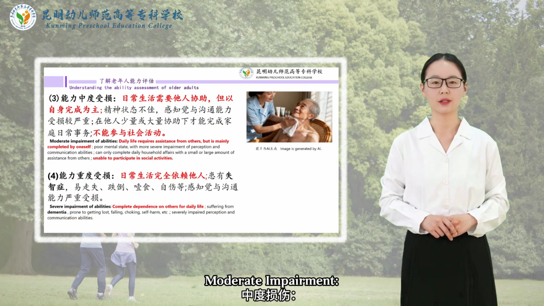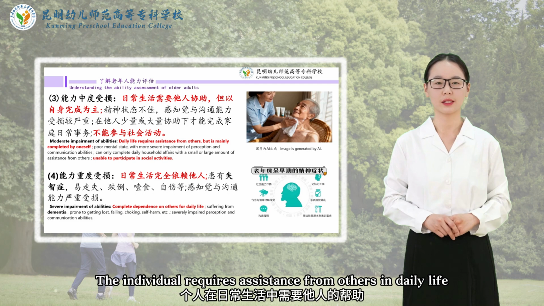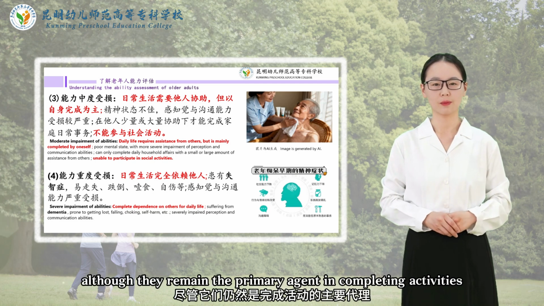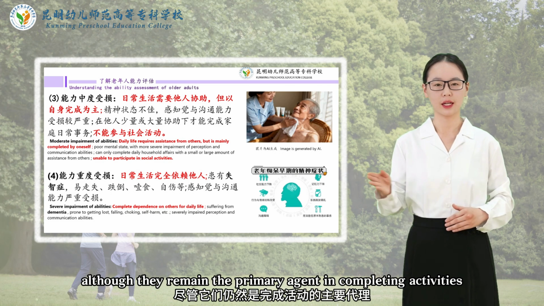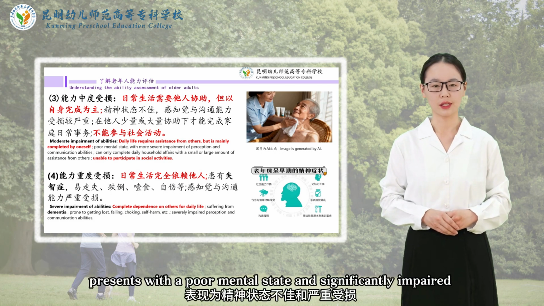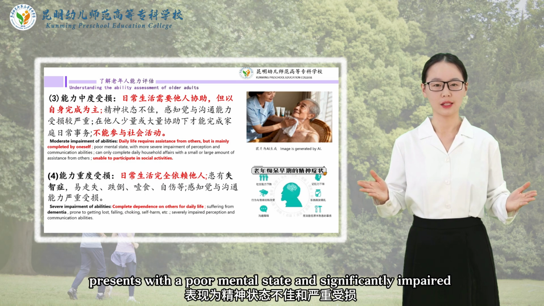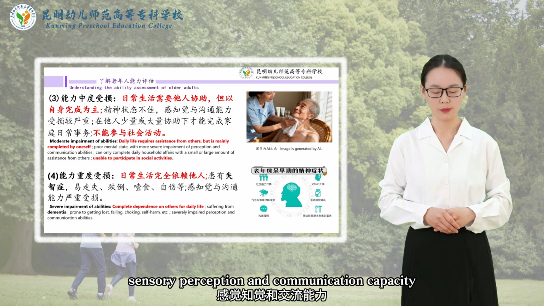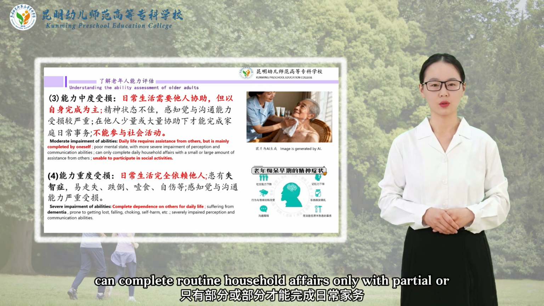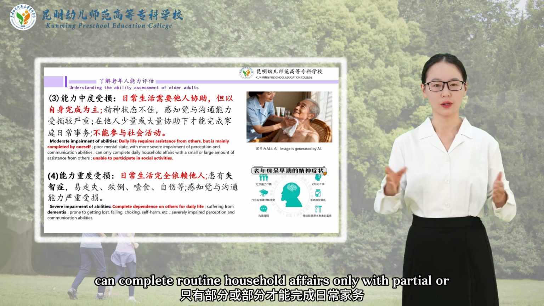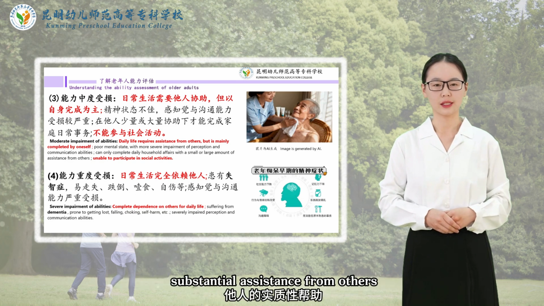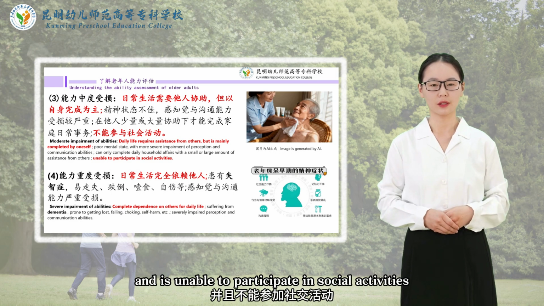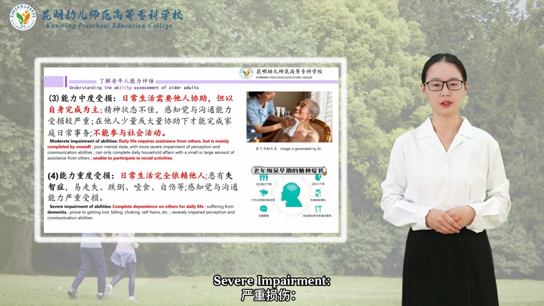Moderate impairment. The individual requires assistance from others in daily life, although they remain the primary agent in completing activities. Presents with a poor mental state and significantly impaired sensory perception and communication capacity. Can complete routine household affairs only with partial or substantial assistance from others, and is unable to participate in social activities. Severe impairment.